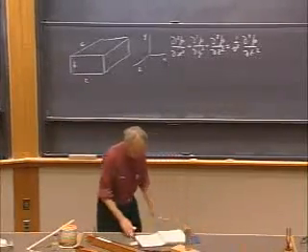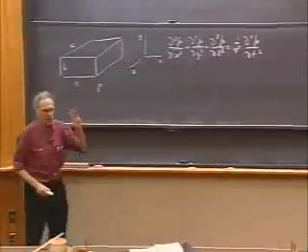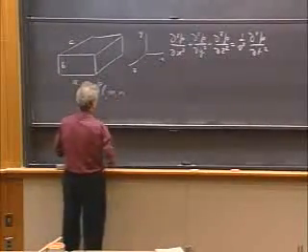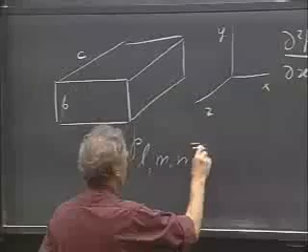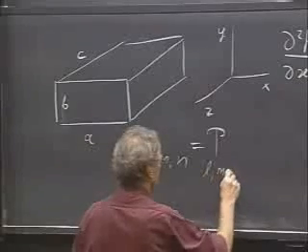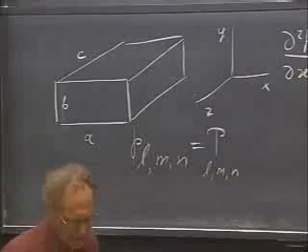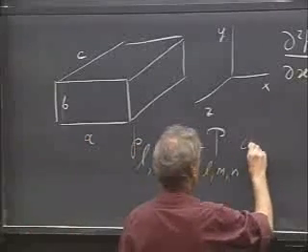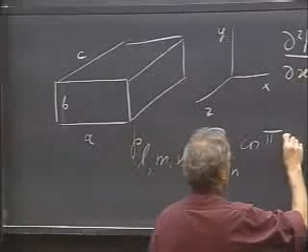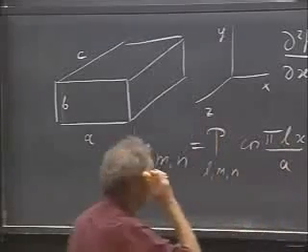And so the solution then for the pressure, in terms now of 3 quantum numbers, L as in lion, M as in Mary, N as in Nancy, is now some kind of an amplitude which can be chosen differently for the different modes. So I give them the index LMN, and then you get the cosine of pi times L times x divided by a, which is my L of x.